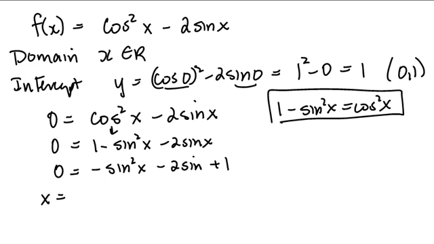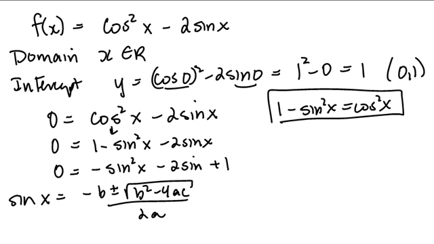So sine x equals negative b plus or minus the square root of b squared minus 4ac, over 2a. And b is negative 1, so that's going to be 1 plus or minus b squared, which is, sorry, this was 2 here.